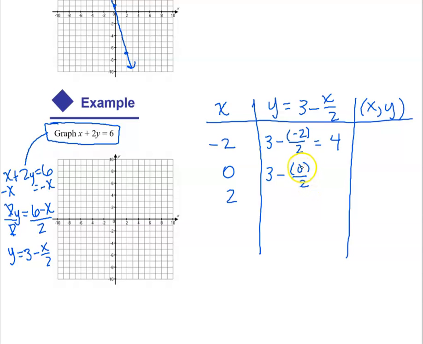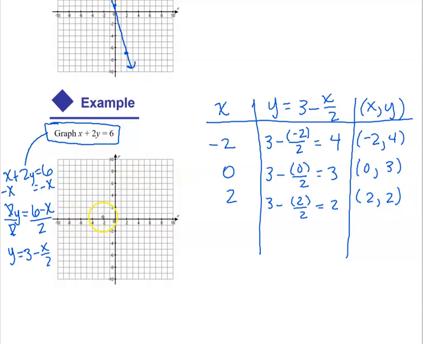So 0 divided by 2 is 0, so 3 minus 0 is going to give you 3. And 3 minus 2 divided by 2, well, that's 1. So 3 minus 1 is going to give me 2. So my coordinates: -2, 4; 0, 3; 2, 2.